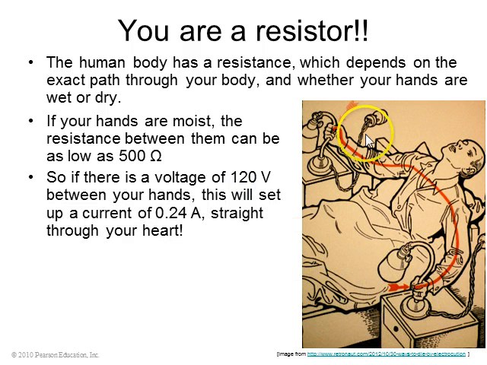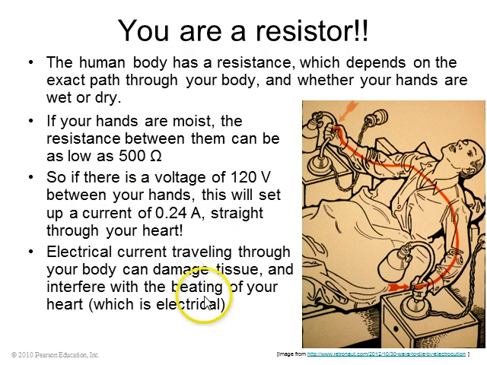That would be 120 volts going across your body. And if your resistance is 500 ohms, you can use Ohm's law to solve for the current. It is 120 volts divided by 500 ohms, which is 0.24 amps. And that'll go right through your heart, which is not a good thing.